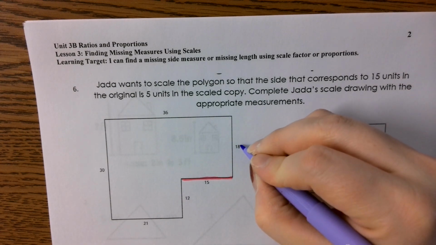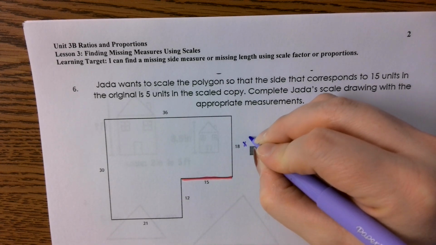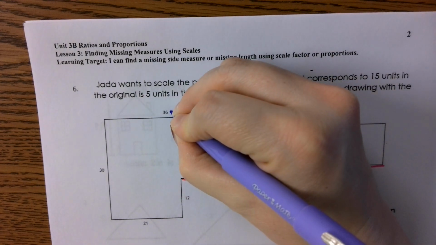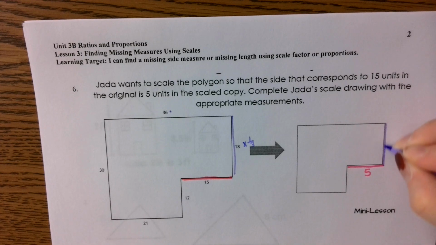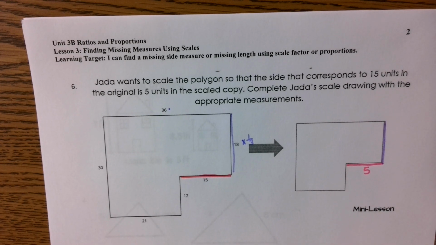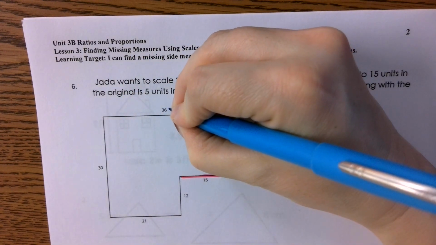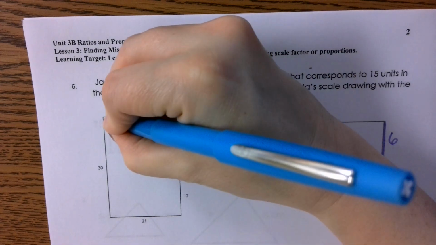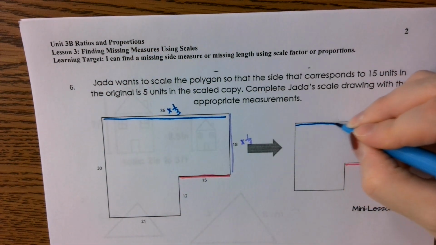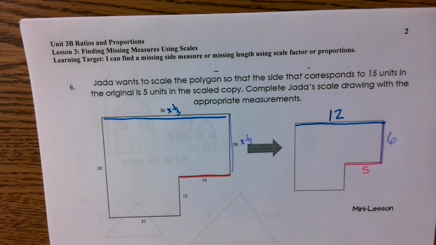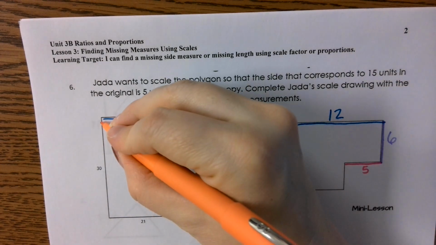So we can take each of these measurements and multiply them all by 1/3. If we do 1/3 of the 18, what is that going to become? 18 times 1/3, or 18 divided by 3, is 6, right? We can do the same thing here. 36. Take a third of the 36. What is 36 going to become? A 12. Okay. What about 30?